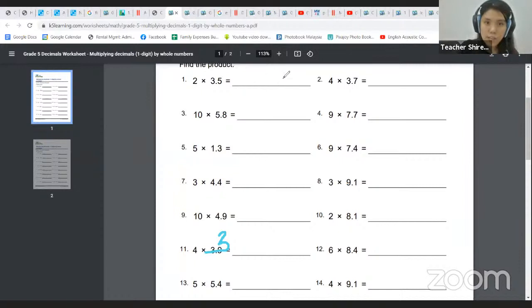5, 2, 10, 1, 2, 3, 6 plus 1, 7, 1 decimal dot. 4, 7, 4, 28, 2, 3, 4, 12 plus 2, 4, 1 decimal dot.